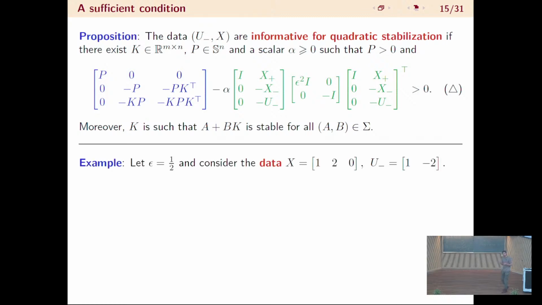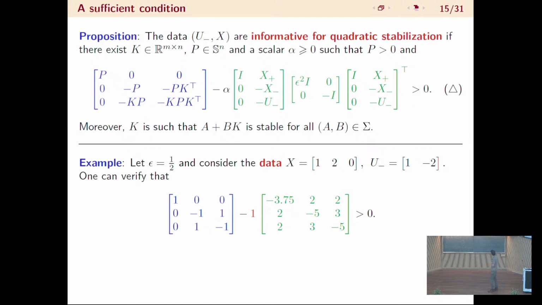So let's have a look at another example of this. As in the previous example, I take epsilon to be 1 over 2, and I consider the same data, X, U. Well, in this case, I can choose P to be 1, K to be -1, and alpha to be 1. And one can indeed verify that then the matrix inequality that we have obtained here, the triangle, indeed holds.